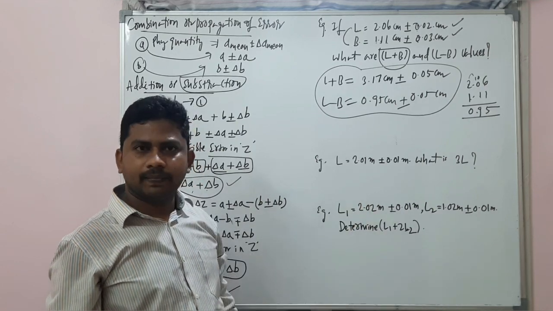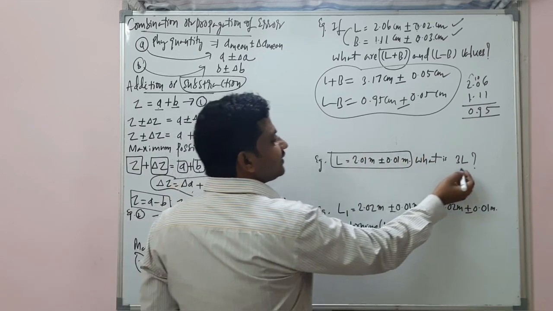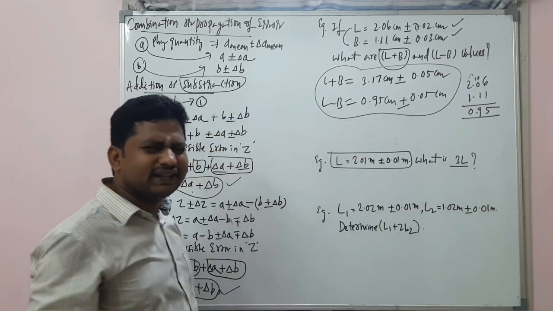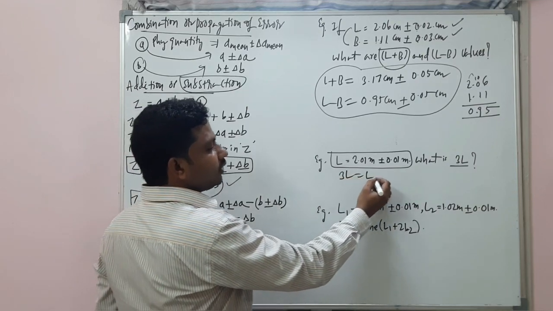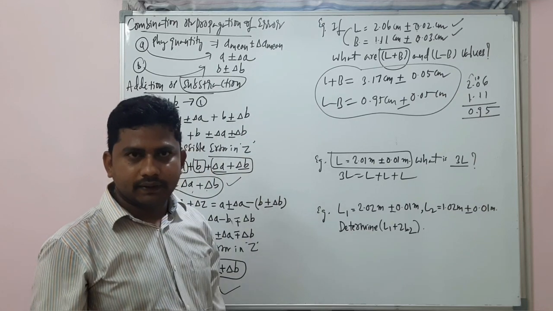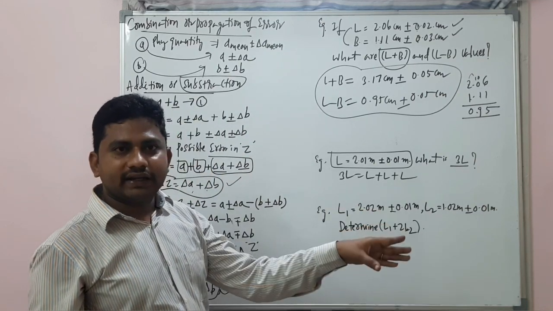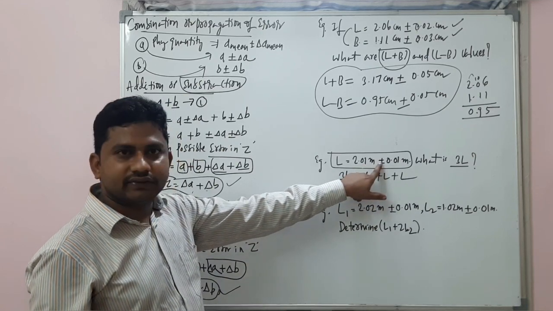See this. L value is given. What is 3L? Directly multiply. What exactly is meant by 3L? L plus L plus L. When we are adding directly, the true values need to be added, plus or minus.